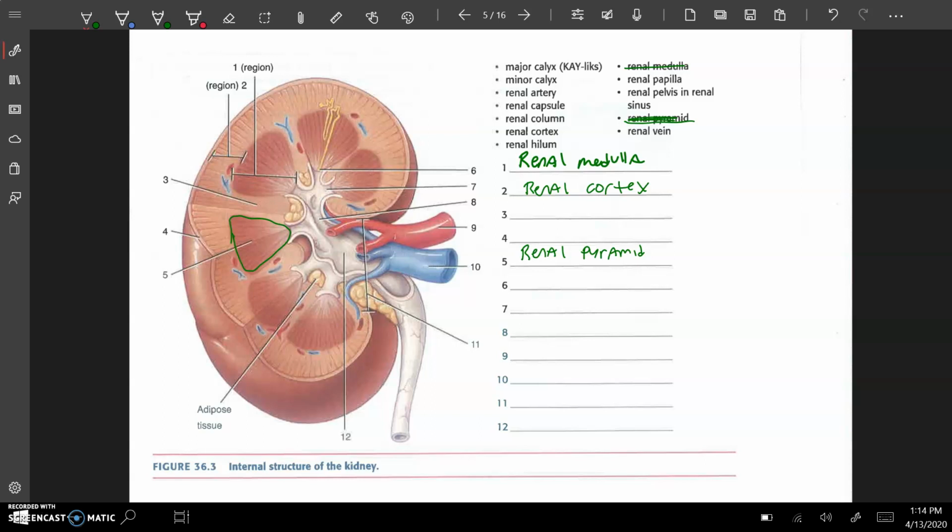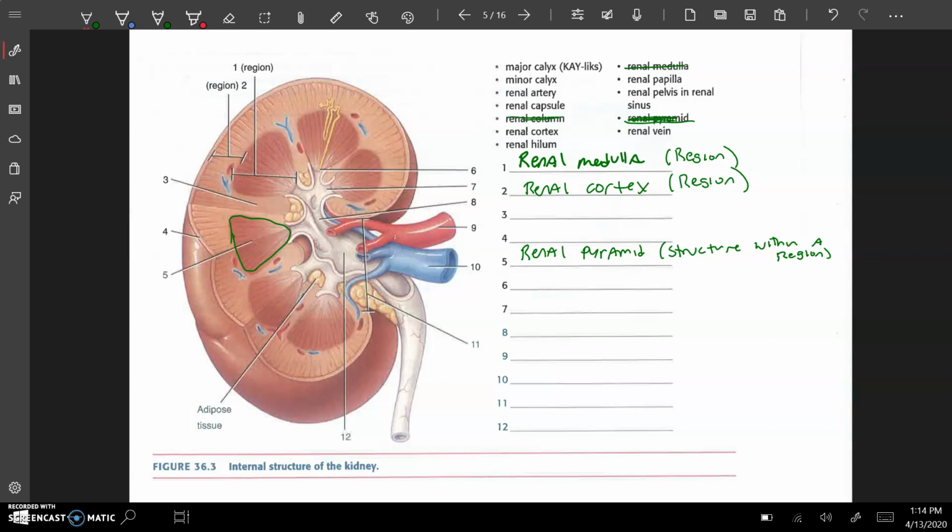Number 3 is part of the cortex. I'm going to make sure that we know this is a region. This is a region. This is a structure within a region. Number 3 is another structure within a region.